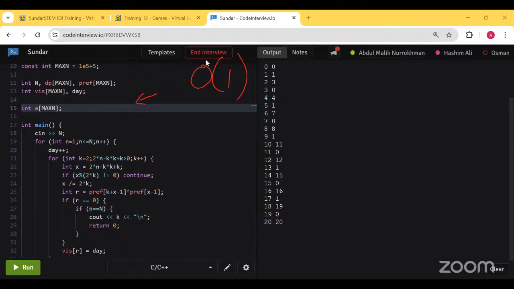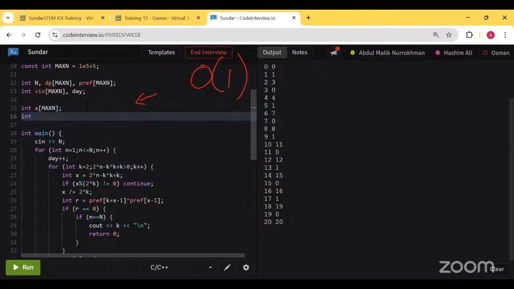The idea is similar. Just create another integer version and j.